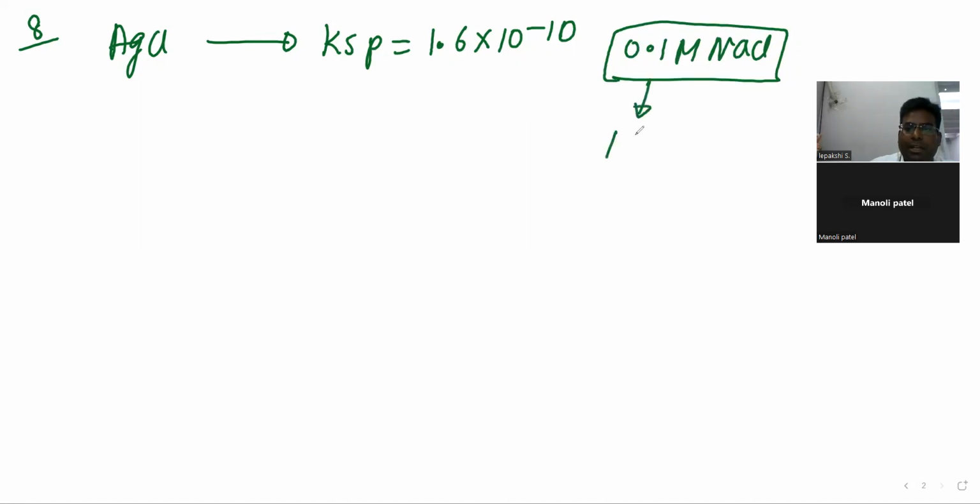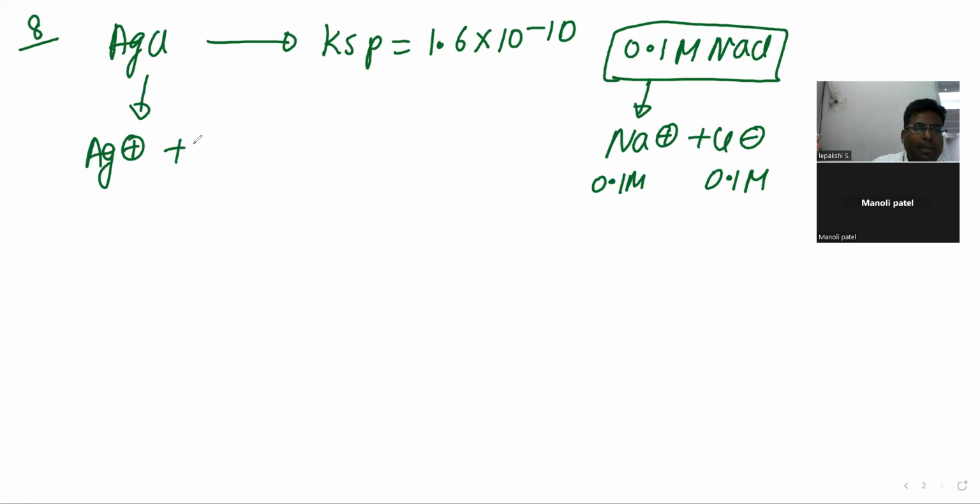When it dissociates into Na+ and Cl-, the Cl- concentration is 0.1 molarity, the same, because they are equivalent. Similarly, when AgCl dissociates, it forms Ag+ and Cl-, so this will be S, and this will be S + 0.1.